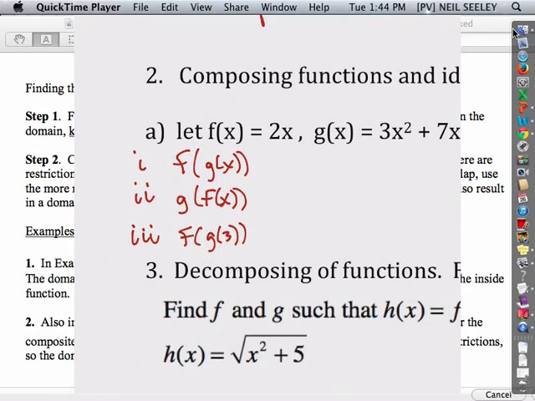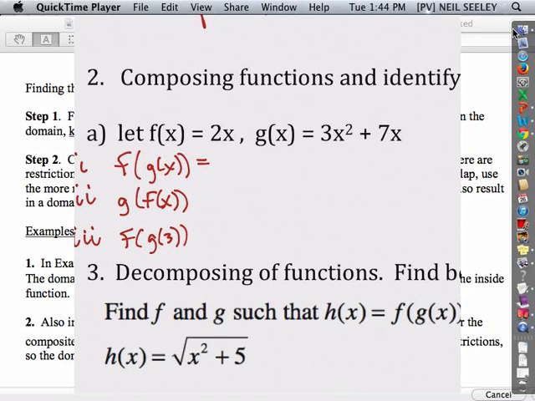f of g of x means you take all of g of x, whatever g of x is, and you put it into f of x wherever there is an x. The x inside a function just means whatever you put in those parentheses must also go in for all x's inside that function.